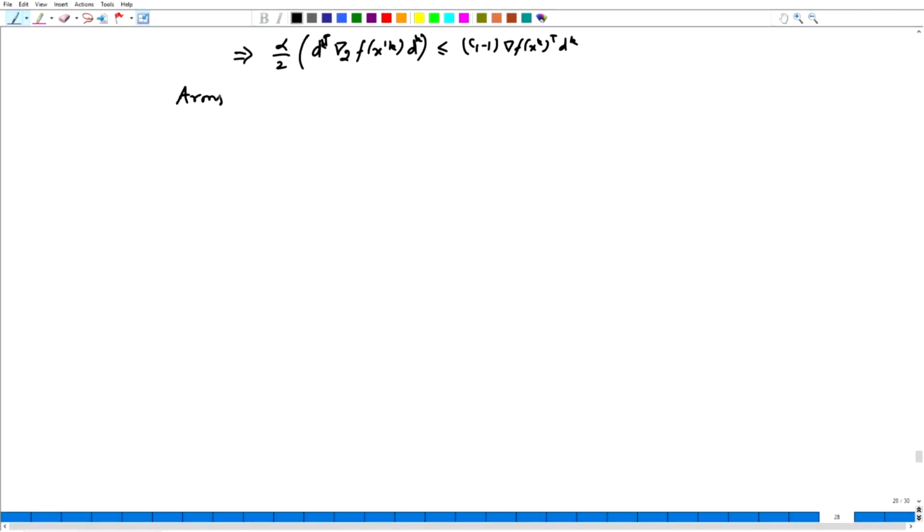So, yeah, Armijo's condition prevents us from choosing arbitrarily high alpha.